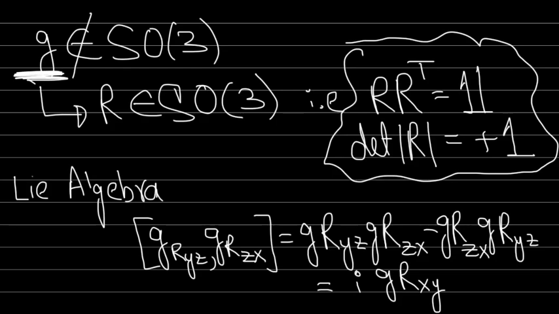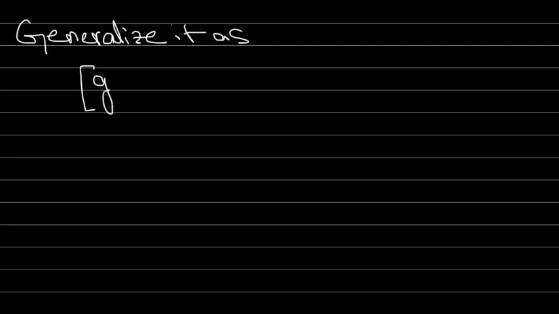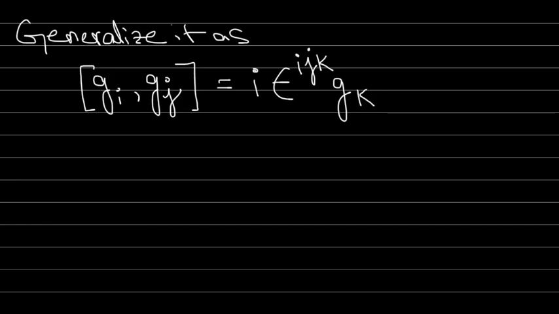So if you look at this carefully, we can simply go ahead and generalize this Lie algebra for this group SO3, and we can generalize it as the commutator of G_i and G_j is equal to iota times this Levi-Civita epsilon_ijk times G_k, right?